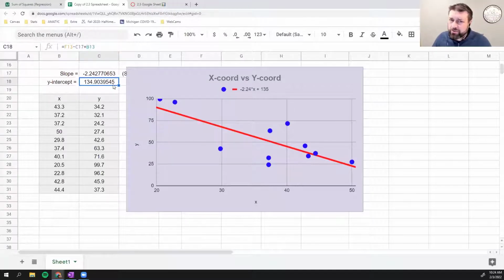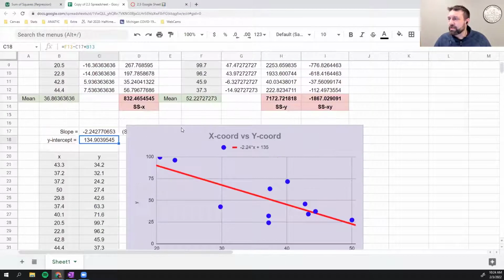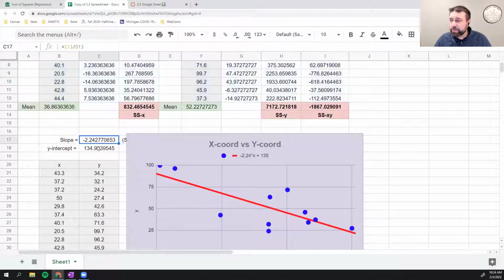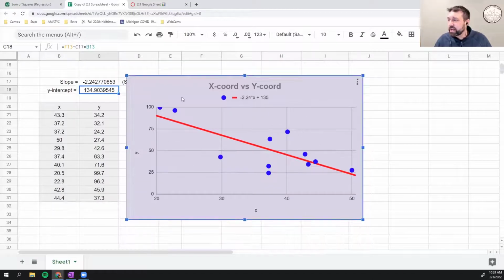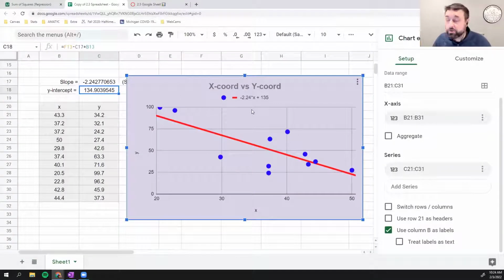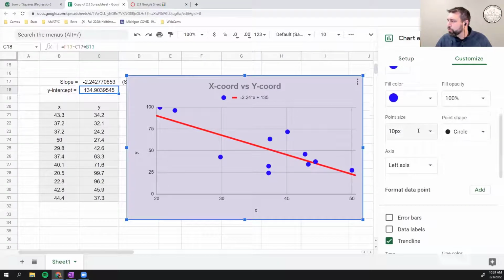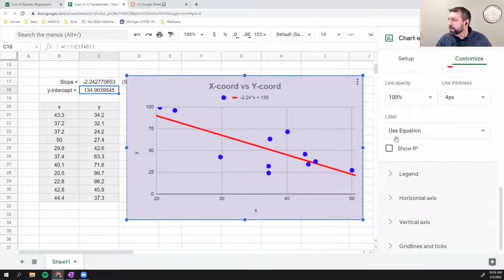So it does a little rounding, but that's okay. We didn't have to go through all of these steps to get at the slope and the y-intercept. We just had to click on the graph, throw our data into Google Sheets, go to series, scroll all the way down to trend line, and click use equation. How about that?